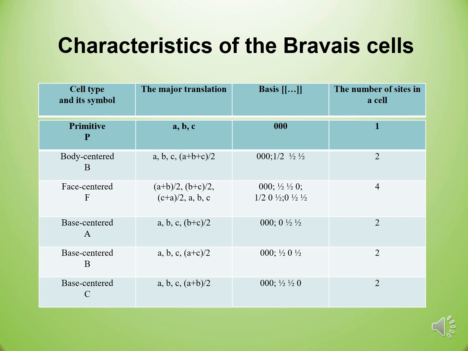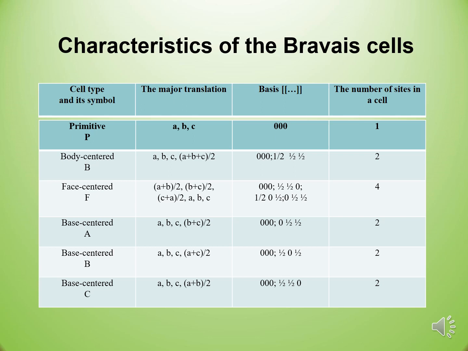The number of sites in a cell is 4. The primitive, of course, is the simplest type of Bravais cells. The major translations A, B, C, the basis 0, 0, 0, and of course it's obvious the number of sites in a cell is only 1.